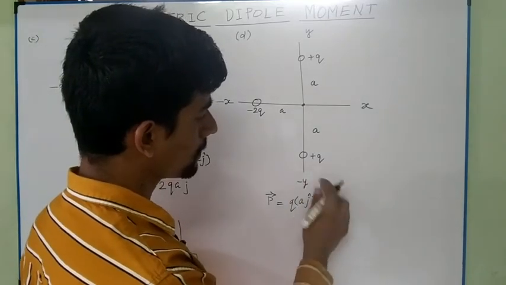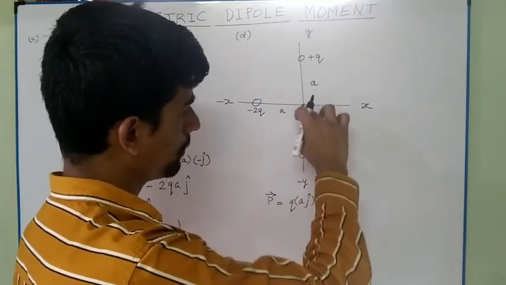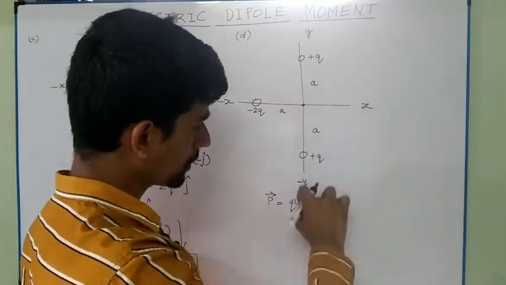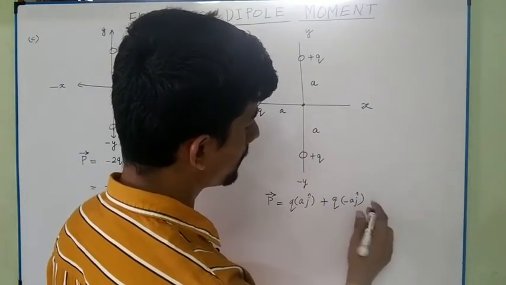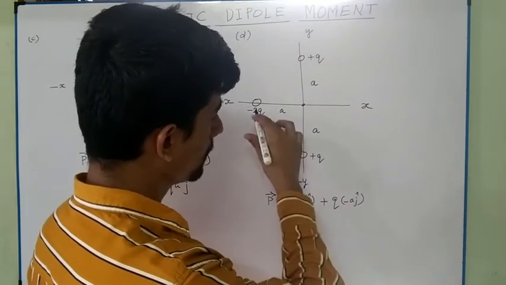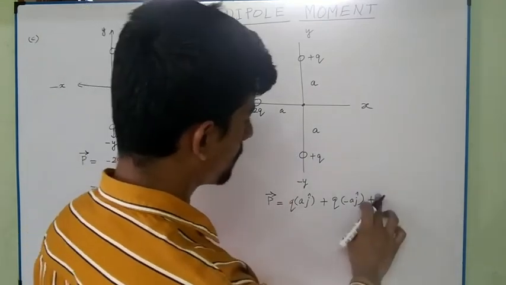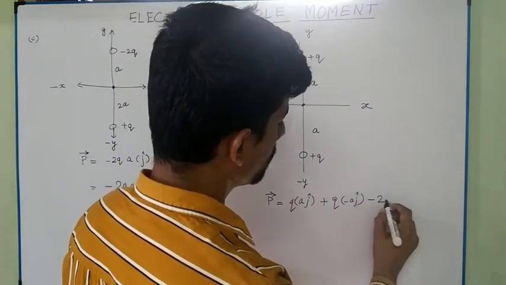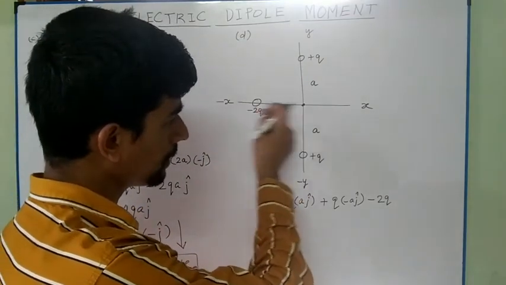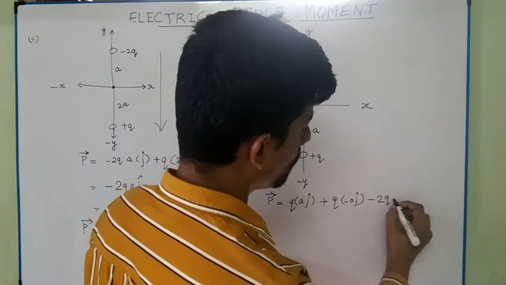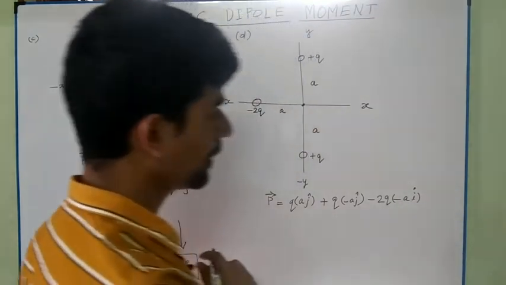Next plus q into, this is the position vector a along the negative y axis. So minus a j cap. Next is, this is minus 2q. This is along negative x-axis. So minus a i cap.